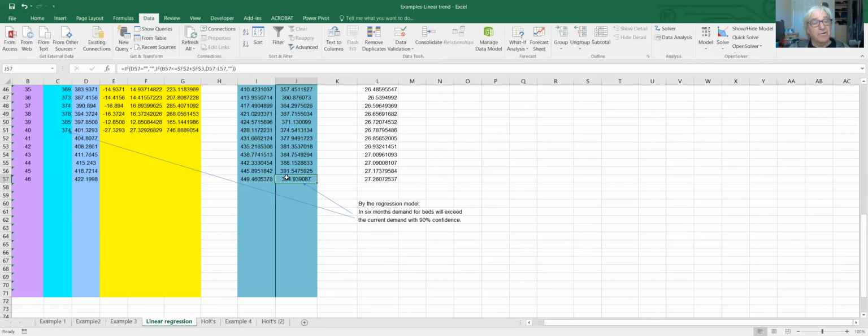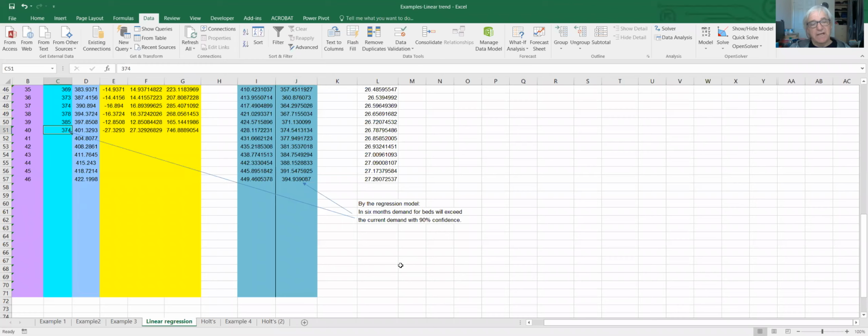Well, 394 is more than 374. So the whole interval, because this is the upper bound and that's the lower bound, is above 374. And with 90% confidence, you can tell that in 6 months from now, based on the regression, demand will exceed the current demand. In fact, even 1 month from now, it will already exceed. So that's just an application of the prediction interval.